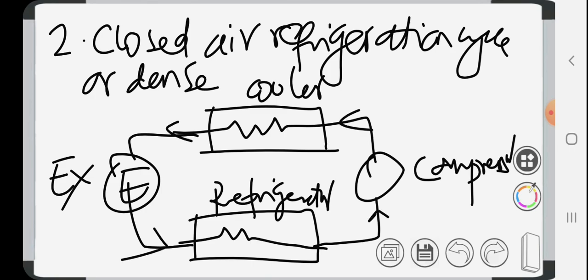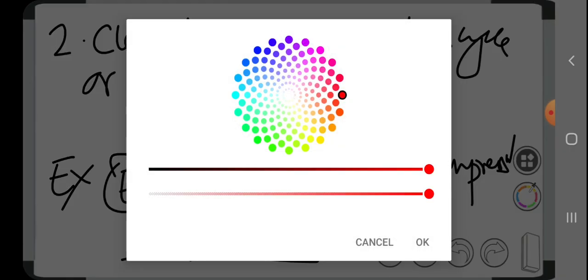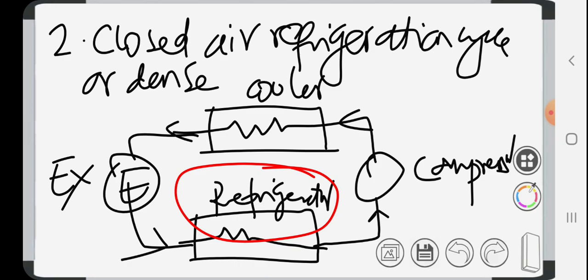Here, in case of closed air refrigeration cycle, the circulated air doesn't have contact with the refrigerator space. Okay, here there is no direct contact between the working fluid and the product being cooled. Okay, then how is cooling taking place? Actually, cooled air is always passed through pipes of various components of the system at all times. So it is passed through some pipes or ducts.